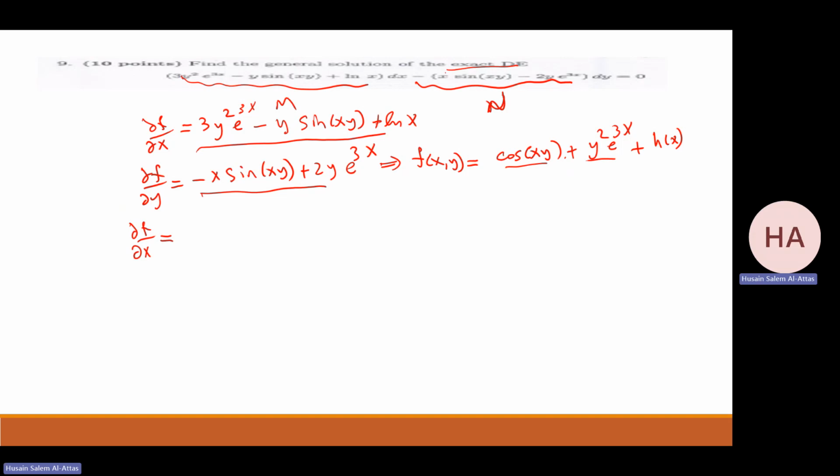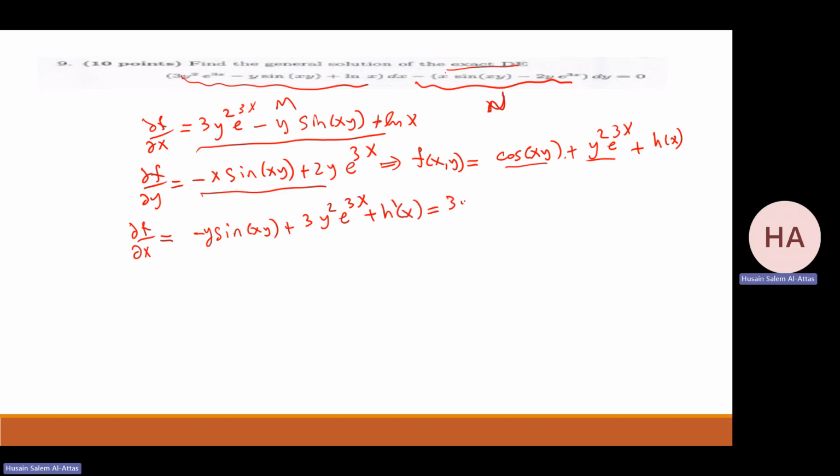That will be minus sine xy times y, and this will be 3y squared e^(3x) plus h prime of x.